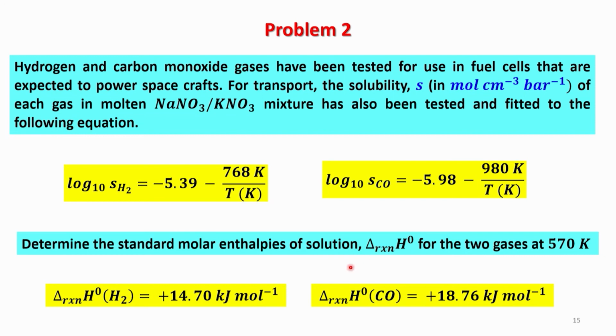From our calculation, these are independent of temperature. So, it does not matter whether I am employing 570 Kelvin or 600 Kelvin, their values are going to be plus 14.7 kilojoules per mole for hydrogen, and plus 18.76 kilojoules per mole for carbon monoxide. You must also note that this dissolution process under standard pressure of 1 bar is going to be, in both cases, an endothermic process.